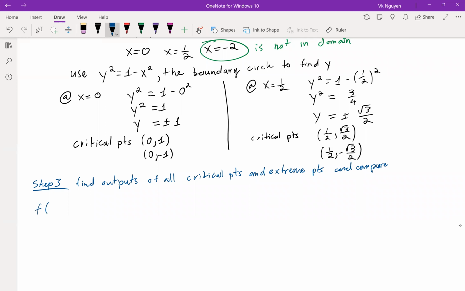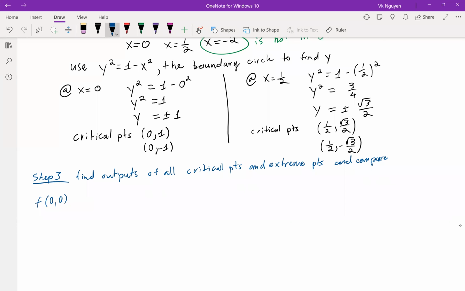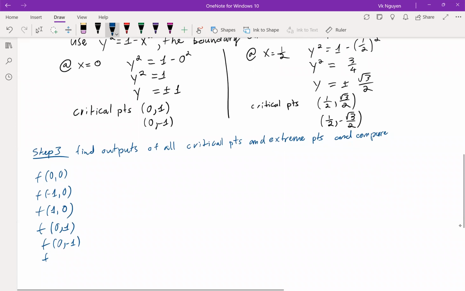So I'm going to write them all out: f of 0, 0; f of negative 1, 0; f of 1, 0; f of 0, 1; f of 0, negative 1; f of 1 over 2, root 3 over 2; f of 1 over 2, negative root 3 over 2.